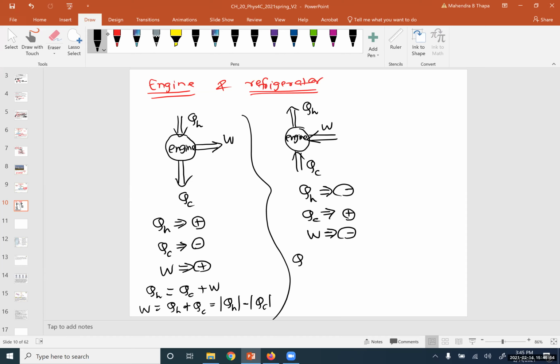Similarly, we can write QC minus W equals minus QH. In positive values, QC plus work equals QH. So that is the difference between heat engine and refrigerator.